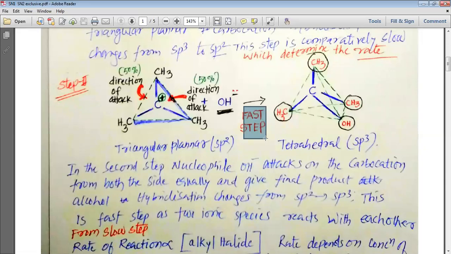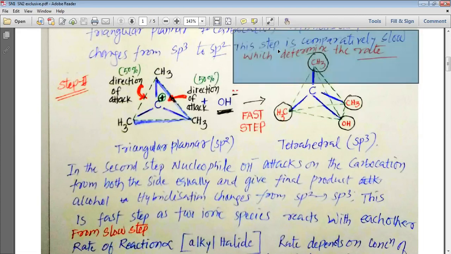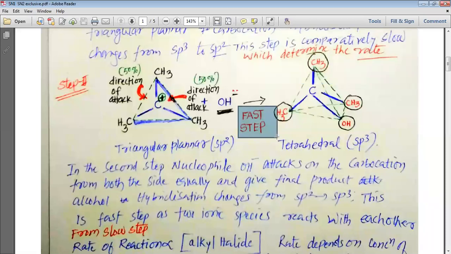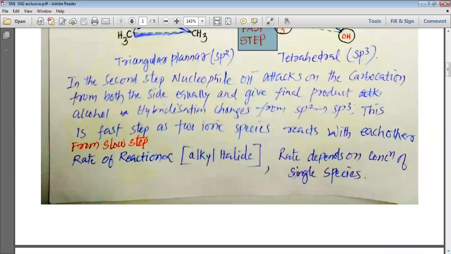They are spontaneous, and that is why, compared to the first step, which was slow and was the rate determining step, this step is very fast. This step does not take part in determining the rate of reaction because it is a fast step.